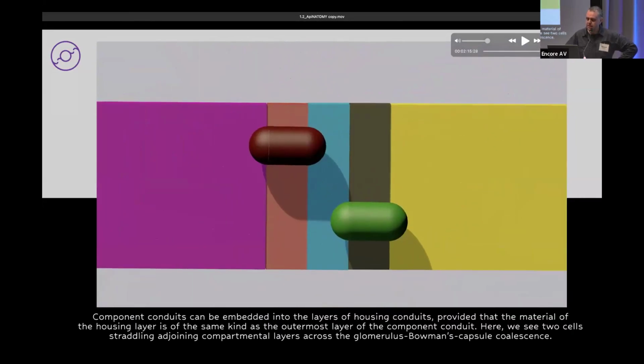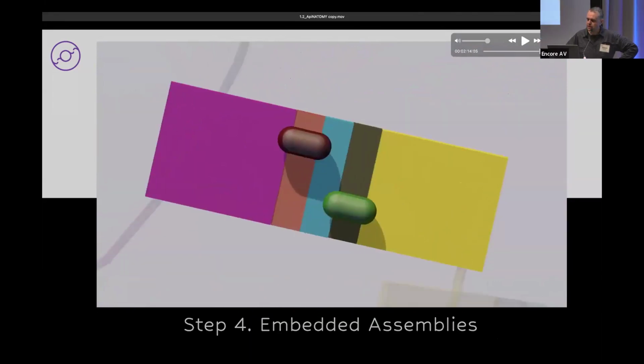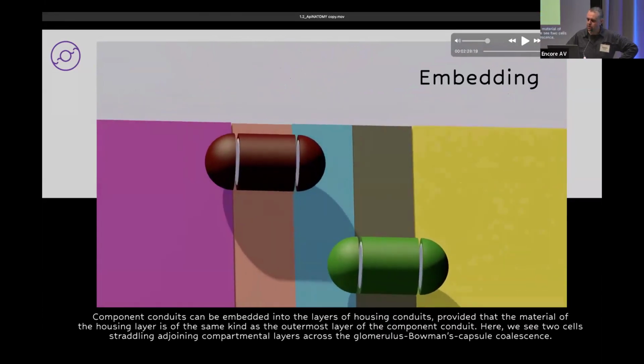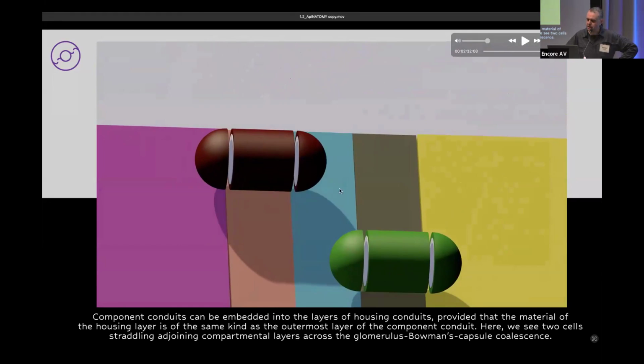And here you can see on the left-hand side an epithelial cell straddling the blood compartment and the tissue fluid compartment in the glomerulus, while on the right you can see an epithelial cell straddling the urinary space and the basement membrane space within the glomerulus.